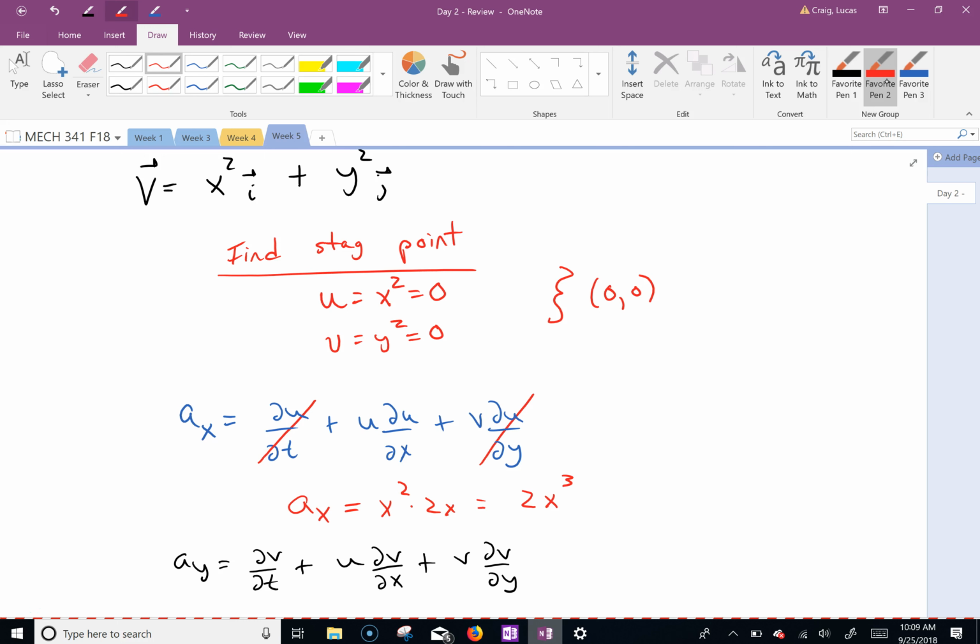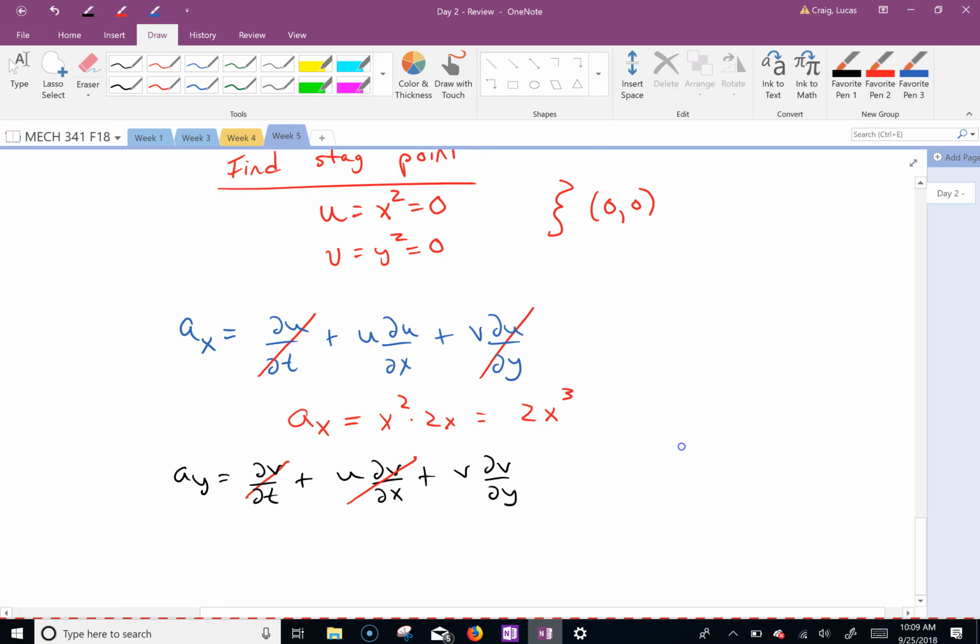Is there a t in v? No. Is there an x in v? No. So we get v, which is y squared, and the partial is 2y. 2y cubed.